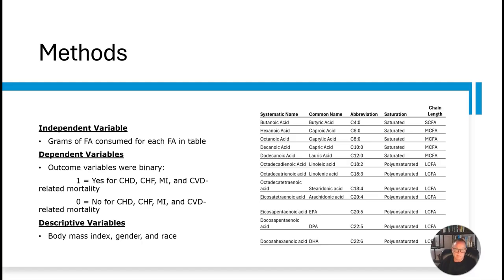So it was either yes or no for coronary heart disease, yes or no for congestive heart failure, yes or no for heart attack, and then yes or no for the cardiovascular disease-related mortality, which we got from the CDC. We also used the descriptive variables of BMI, gender, and race.